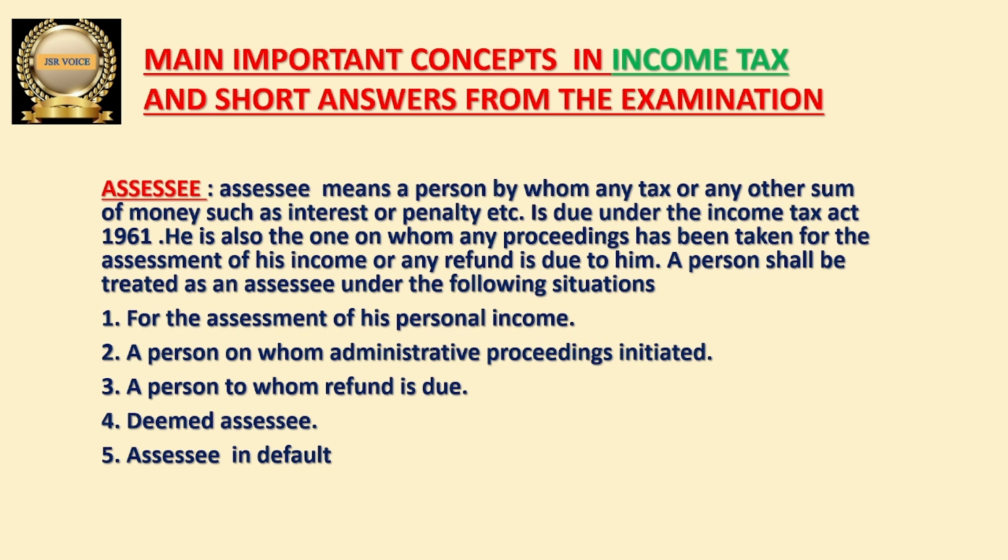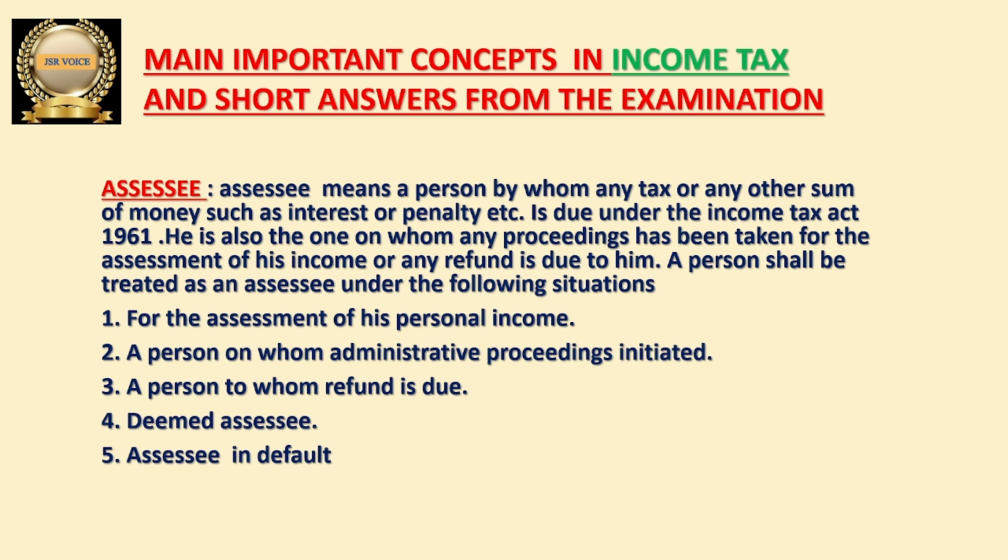But he is not paying, then the income tax department proceeds, and they will take some proceedings for the assessment of that particular person's income, and we can call that person also an assessee. And if the income tax department has to refund any money to him, then that time also we can call that person an assessee.